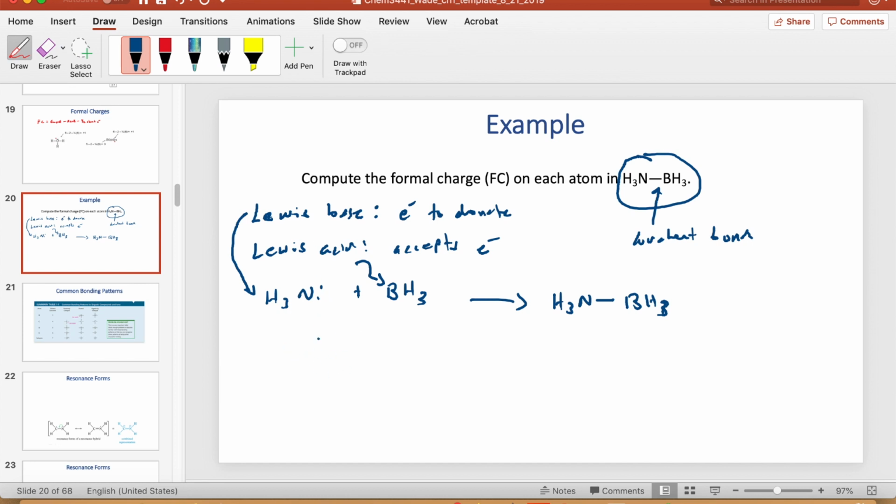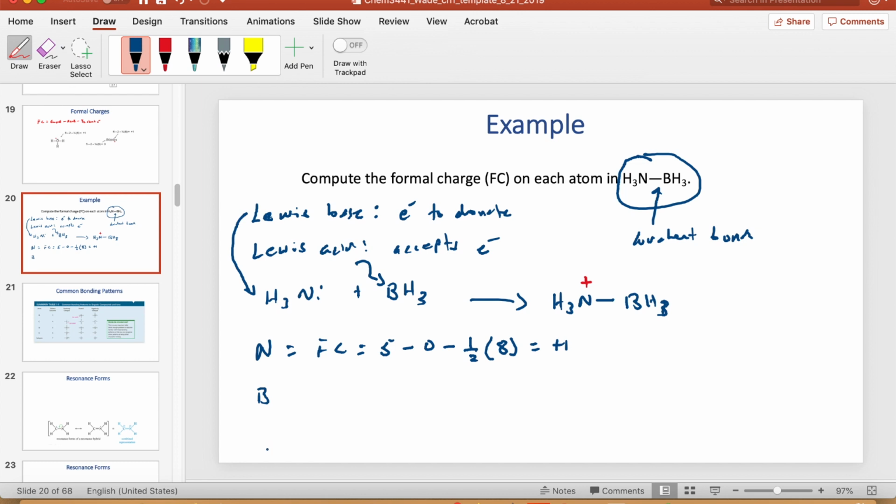So the formal charge for nitrogen is equal to group 5 minus non-bonding 0 minus 1/2 the number of electrons that we have. So we have 4 bonds, so that's a total of 8 here, right? So 5 minus 4 is plus 1. So nitrogen in this case, we can write it up here at the top as a plus 1 formal charge.